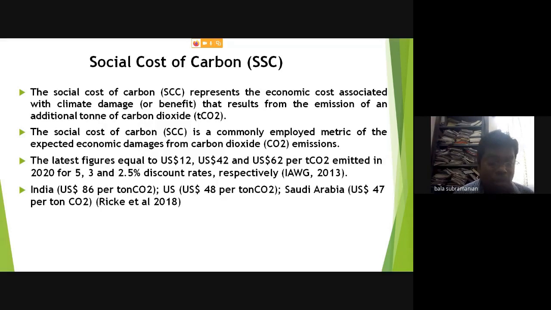The researchers are very excellent, we have to agree. They estimated in a very excellent way, applying all the economic methodology. So $86 per ton of CO2 emission is the social cost of carbon. How much CO2 are we releasing in India? As you know very well, in terms of millions.